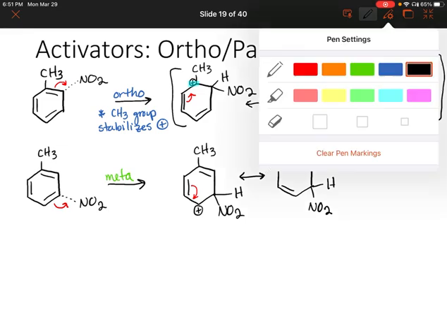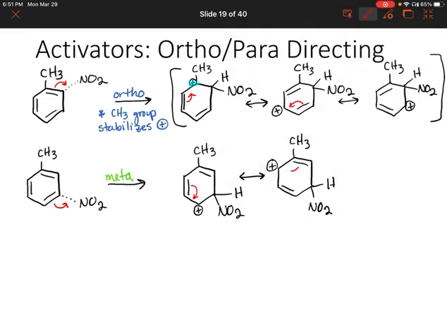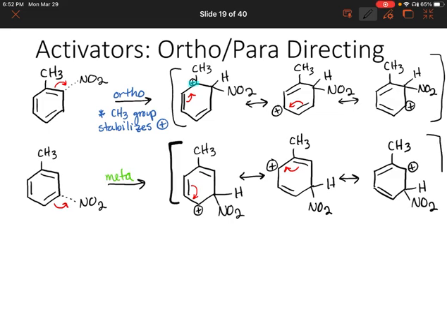Now let's draw our last resonance structure just to make sure. All right, and again, that positive charge is just not as close to the methyl group as it is up above.